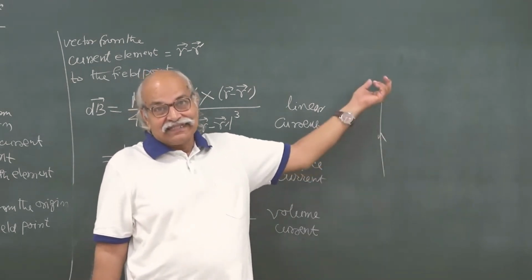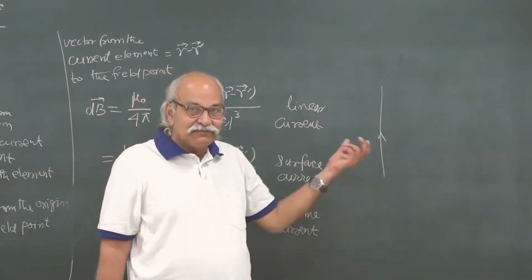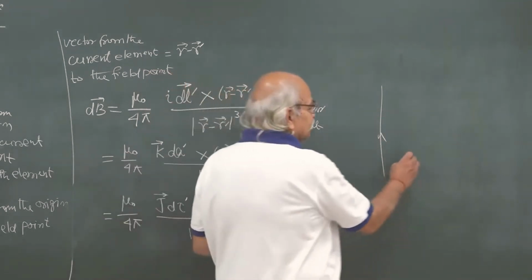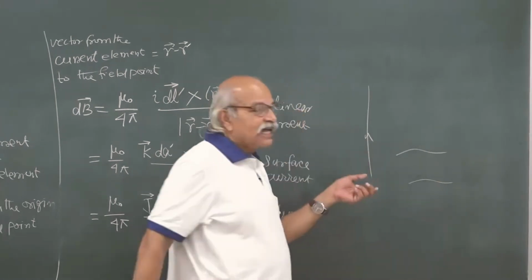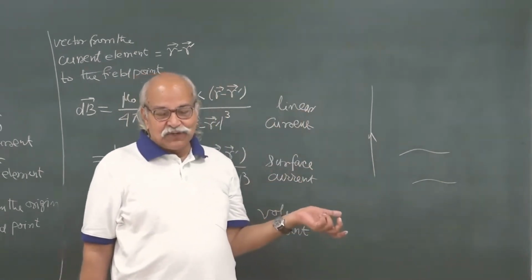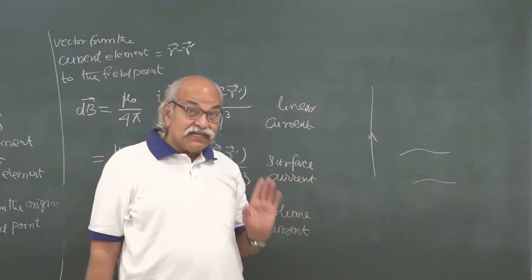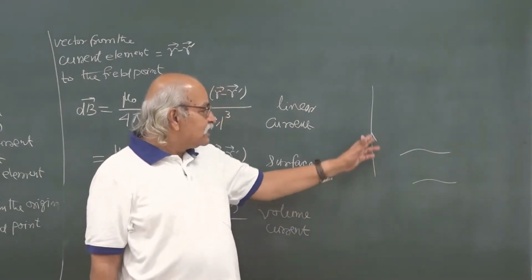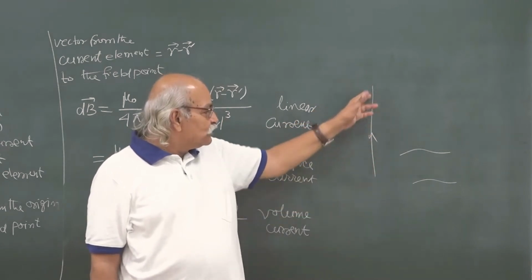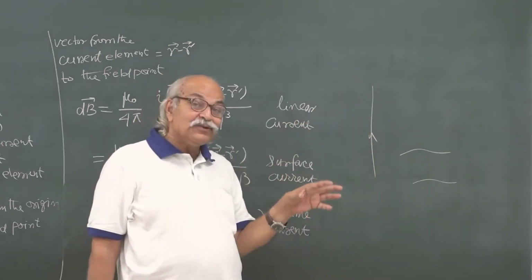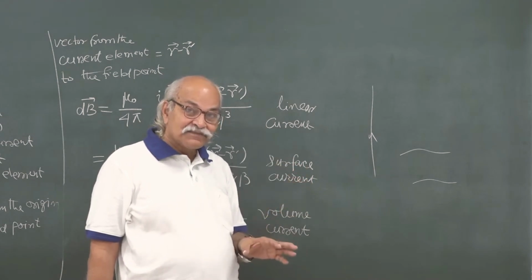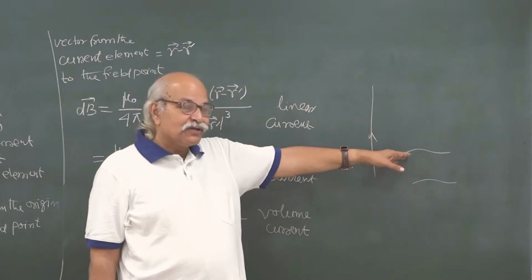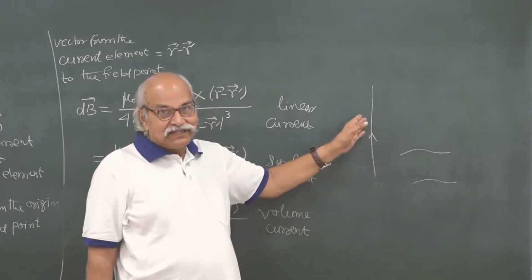It is a wire carrying current, so there has to be some thickness and therefore some volume. Similarly, if you have a surface, then the surface will have some thickness and it will become a volume. Even if you take a mathematical line, that line can also be written using Dirac delta functions as a volume. This surface can also be written as a volume, this line also can be written as a volume.